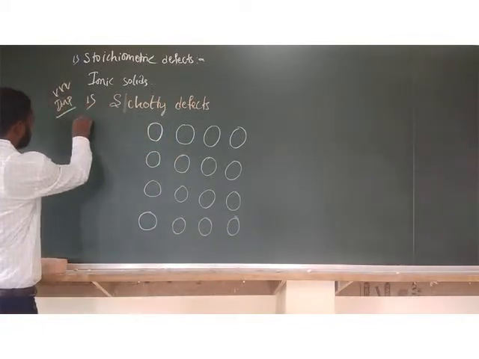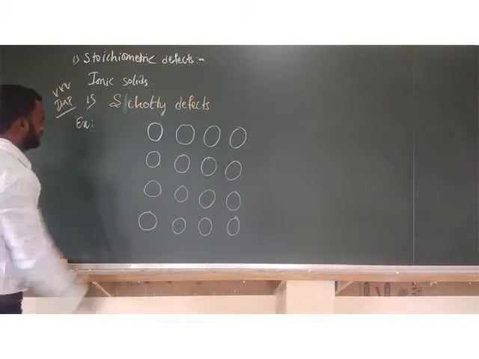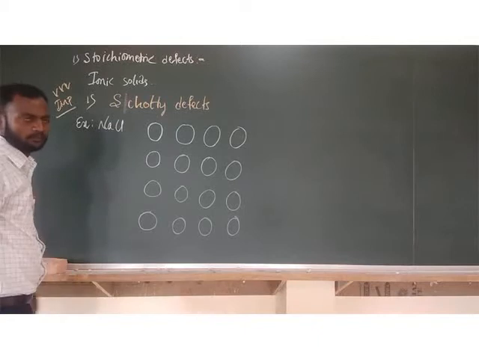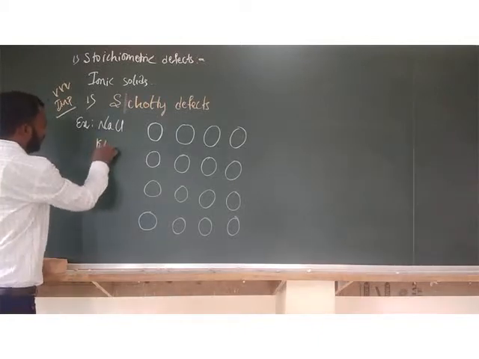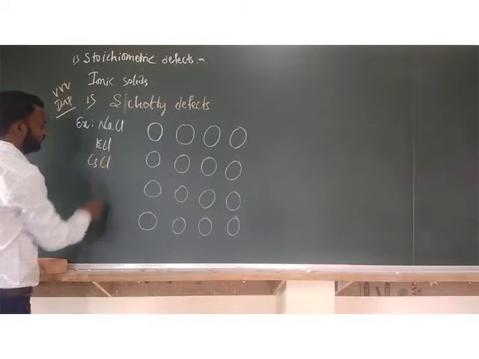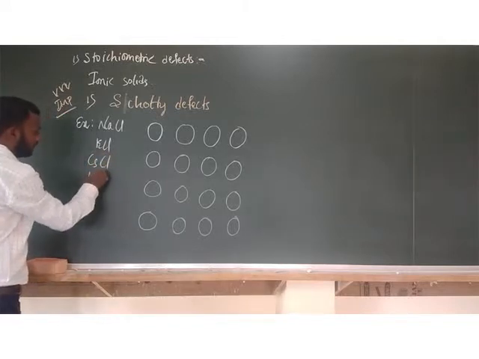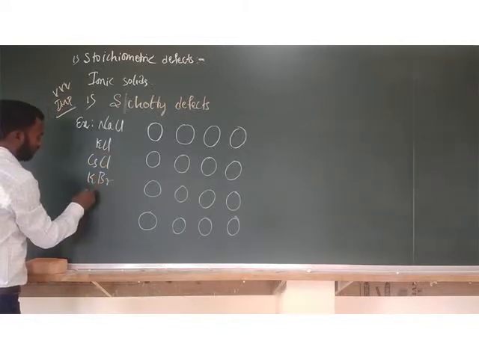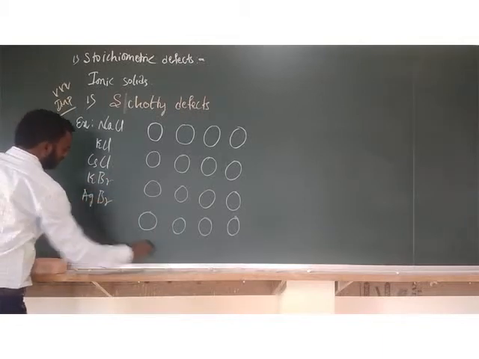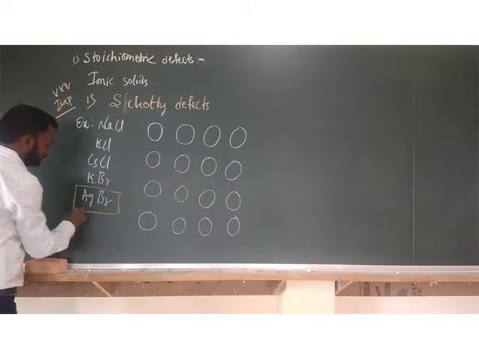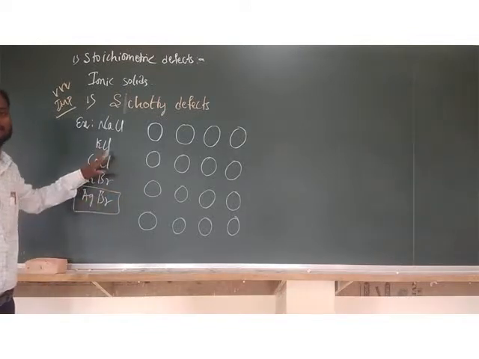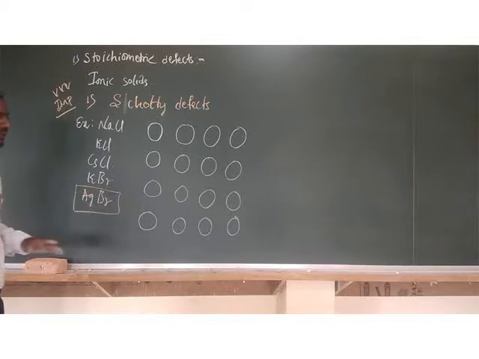Examples for Schottky defects are nearly all ionic solids, for example NaCl, KCl, cesium chloride, KBr, potassium bromide, or silver bromide. Silver bromide is an exceptional case which shows both Schottky defects as well as Frenkel defects.